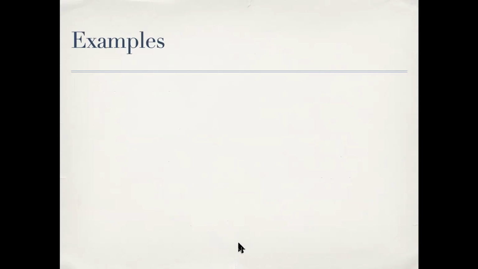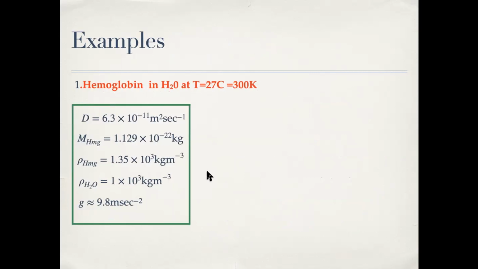All right, so examples. Consider now the motion of a hemoglobin particle in water at room temperature, which is 27 Celsius, and that is 300 Kelvins. And these are the constants which we need to know. The diffusion coefficient of hemoglobin is 6.3 times 10 to the minus 11 meters squared per second.